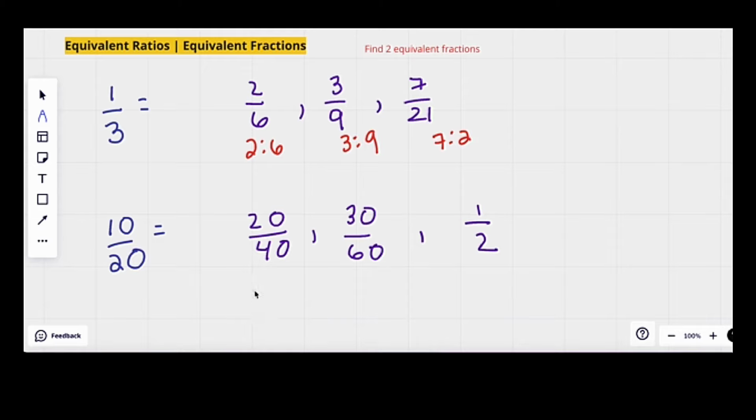Same over here. 20 over 40 can be expressed as 20 to 40. 30 over 60 can be expressed as 30 to 60. And 1/2 can be expressed as 1 to 2. This is why finding the equivalent fraction is the same thing as finding the equivalent ratio.